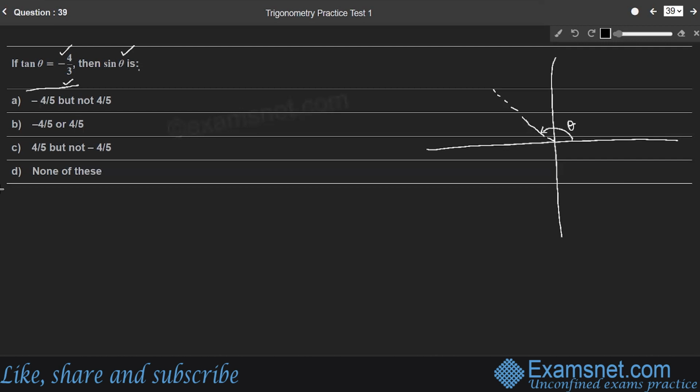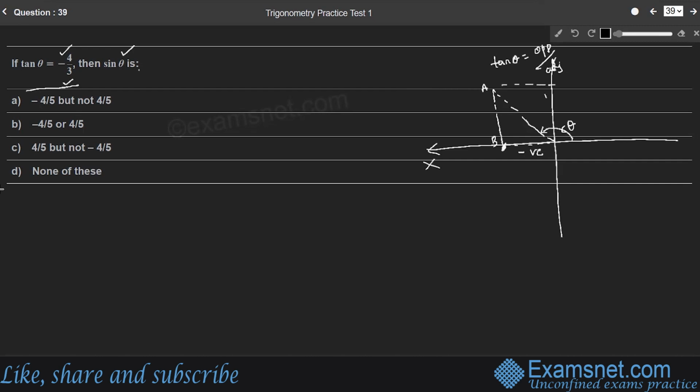So in the second quadrant, when you measure the tan function, we all know that tan is always opposite side by adjacent side. In the second quadrant, adjacent side is negative. This is the adjacent side, which is on the negative x-axis, right? So this value is always negative. If ABC is the triangle, and this is theta, its opposite side is AB. Why is its opposite side AB?